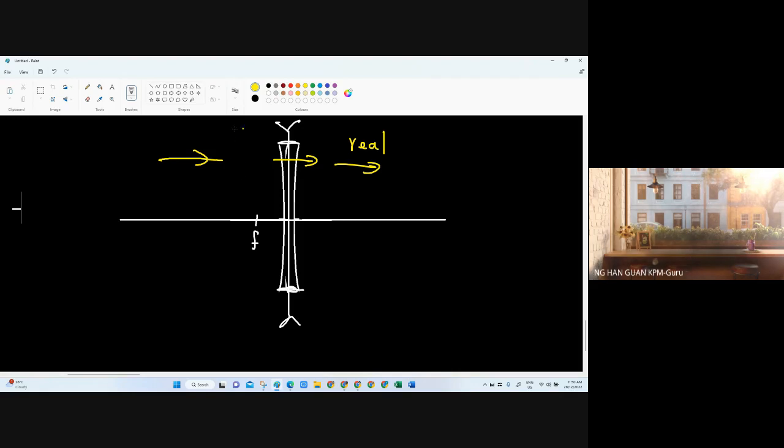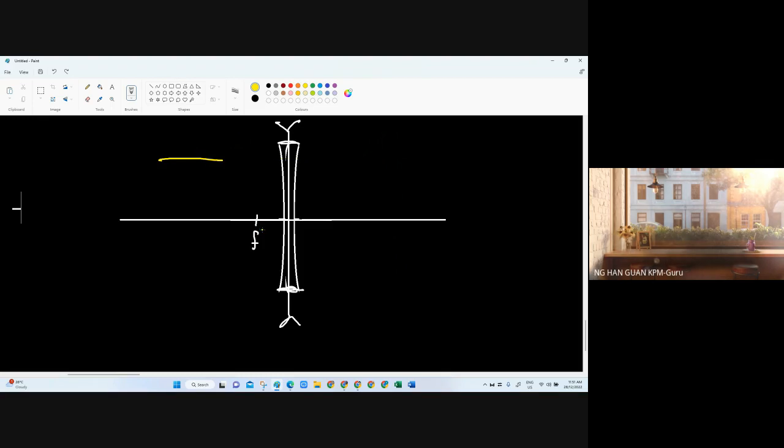The screen should be here, so the light hits the screen and is projected on it, which is real. But we cannot put a screen on the left hand side, because the light would be blocked and cannot pass through the lens. So on the left hand side will be the virtual. So there's a concept about real and virtual. Hopefully you understand.